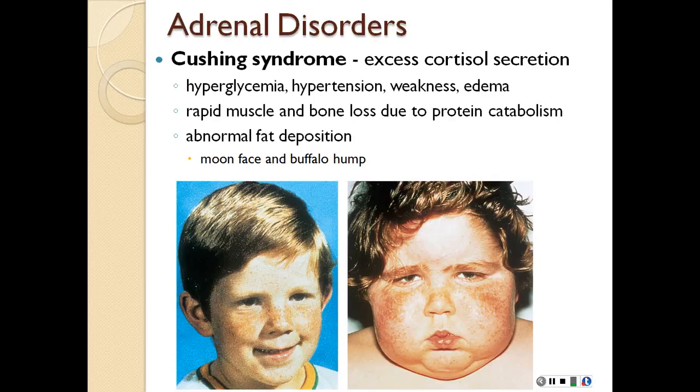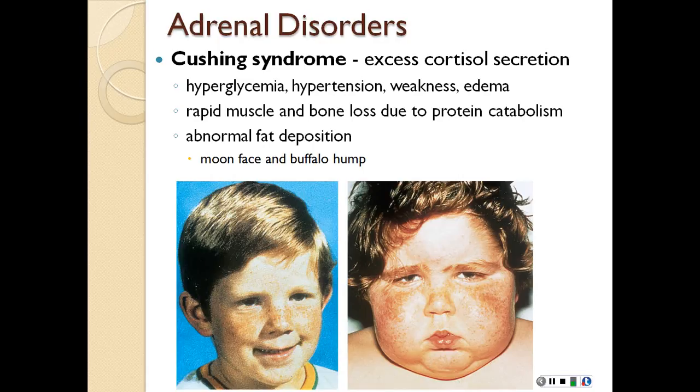Okay, and this is another one. Cushing syndrome. This is another disorder, but adrenal. So remember, the adrenal glands sit on top of the kidneys, and one of the hormones it secretes is cortisol, and excess cortisol secretion occurs in Cushing syndrome. So in this individual, it's the same person, and you can see how he's kind of blown up.